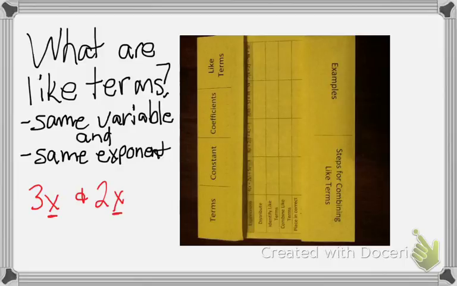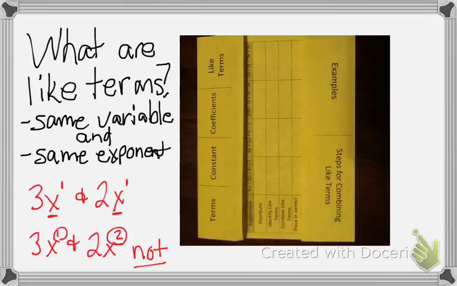The variable in each of these is x, and the exponent is understood to be 1 when there's no exponent. So those would be like terms. If I were to have 3x and 2x squared, those are not like terms because your exponents are not the same. So like terms have the same variable and same exponent.